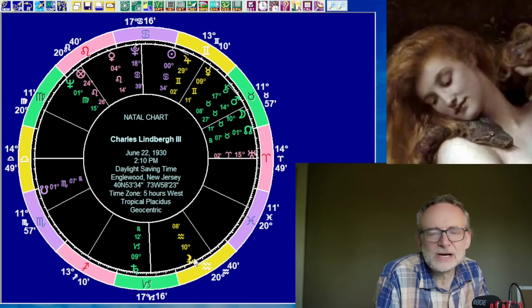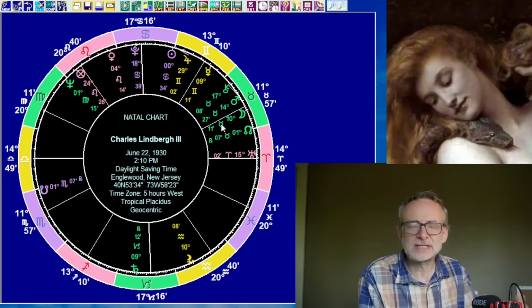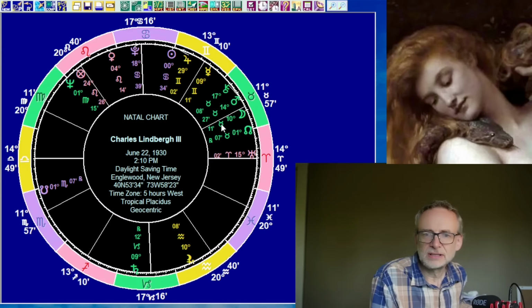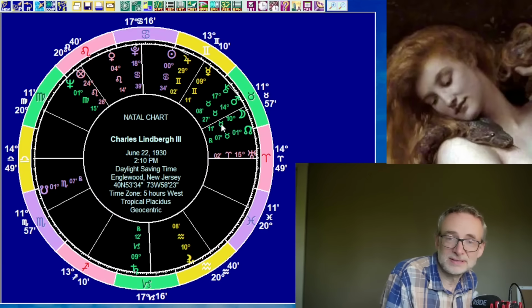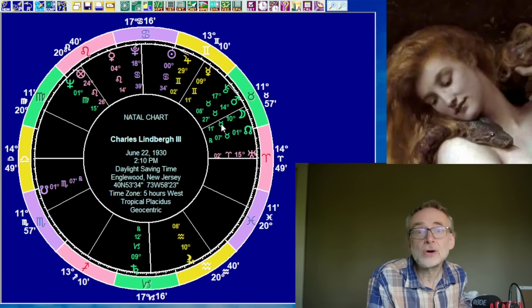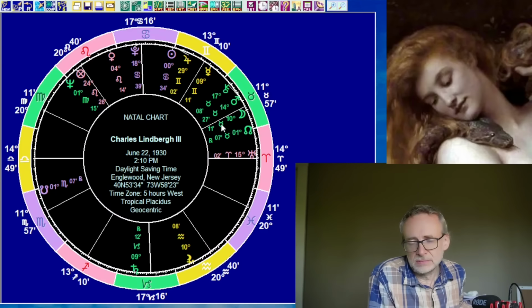But there's Lilith at 10:08 Aquarius. So Charles Lindbergh had the moon exactly square Lilith, and the moon represents perhaps early childhood, and so in his childhood, moon square Lilith, he was kidnapped and taken away, stolen away. That's a Lilith thing, and he was killed.